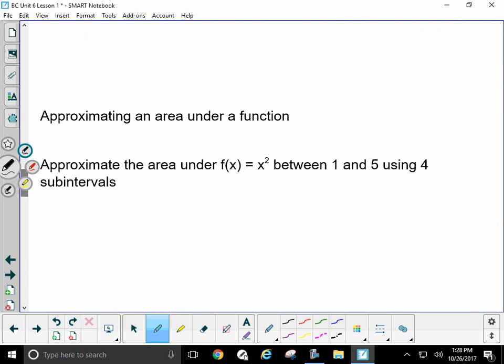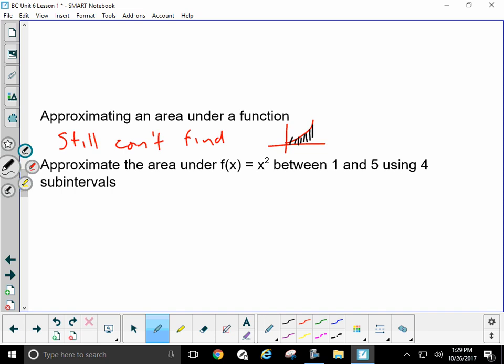Now, I still can't find the area under a curve. I understand what the notation would be to represent the area under x squared from 1 to 5, but I still don't know how to find the exact value. We're not going to know for a couple days.